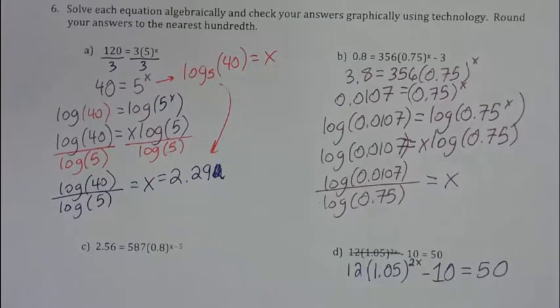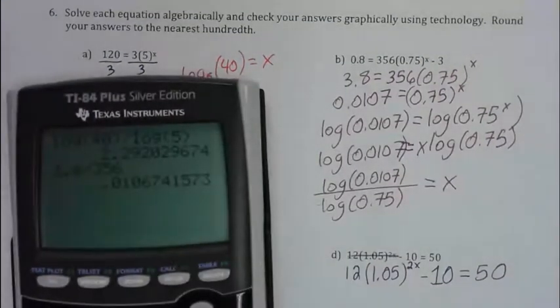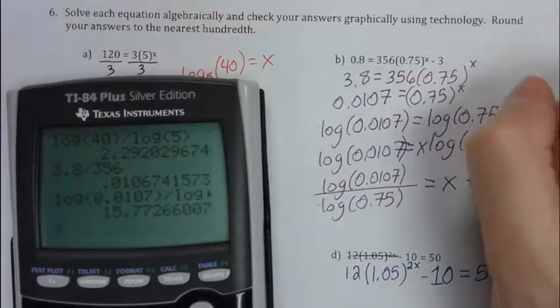And going to our calculator, the log of 0.0107 divided by the log of 0.75 is 15.77.